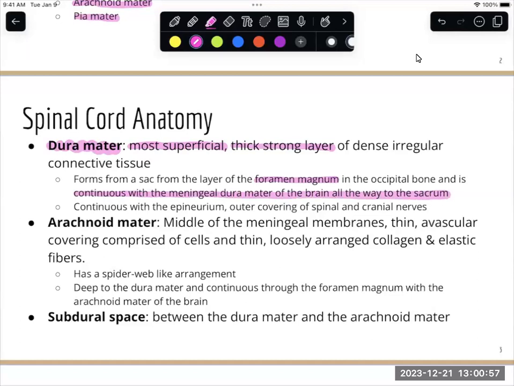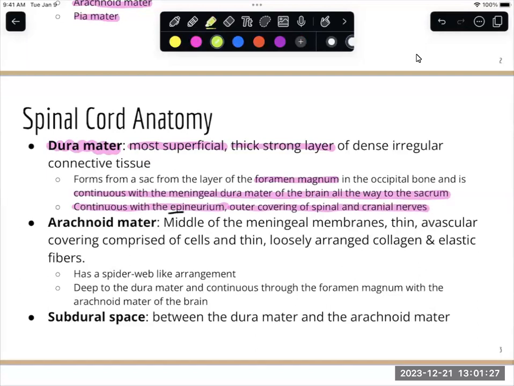It is the outermost covering of the spinal cord and cranial nerves. It's kind of continuous with it. So when nerves come out of the spinal cord or off of the brain, this dura mater is continuous with the epineurium. Remember that word epi from muscles? It's back.